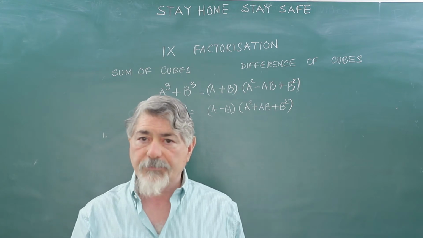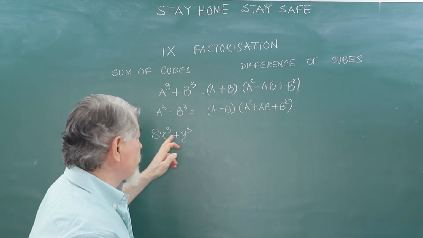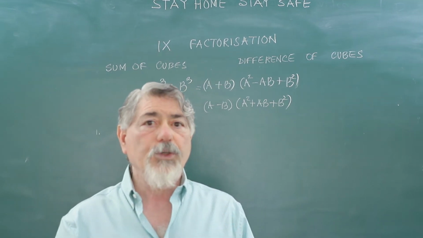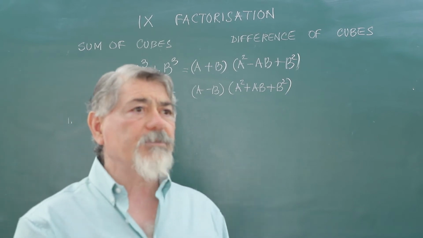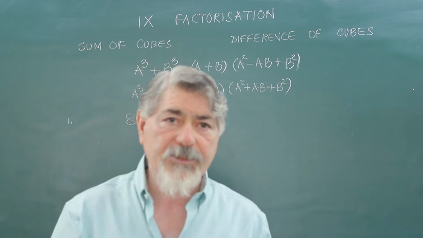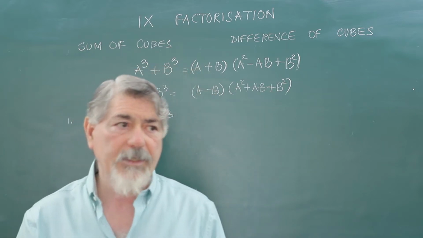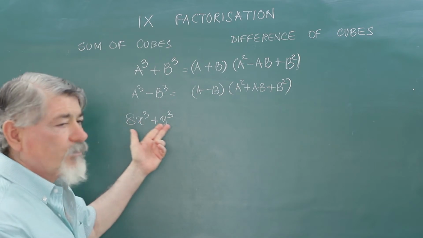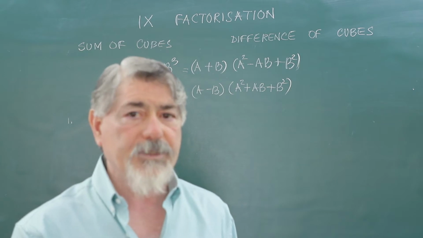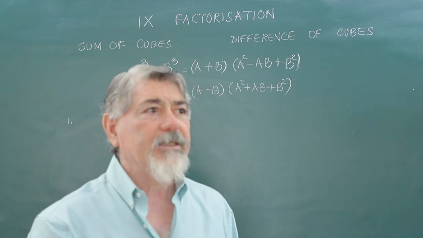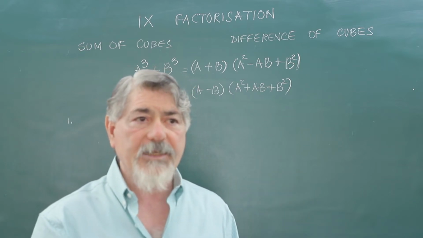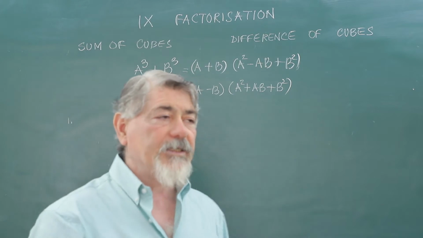If I look at 8x cube plus y cube, I don't see anything like that. Then you look whether it is possible to factorize it as a difference of squares, a square minus b square, but this is not a square either. Then trinomial, it is not a trinomial because there are only two terms. So the last possibility is whether it is a difference of cubes or an addition of cubes. Because the plus sign is there, obviously it is addition of cubes.